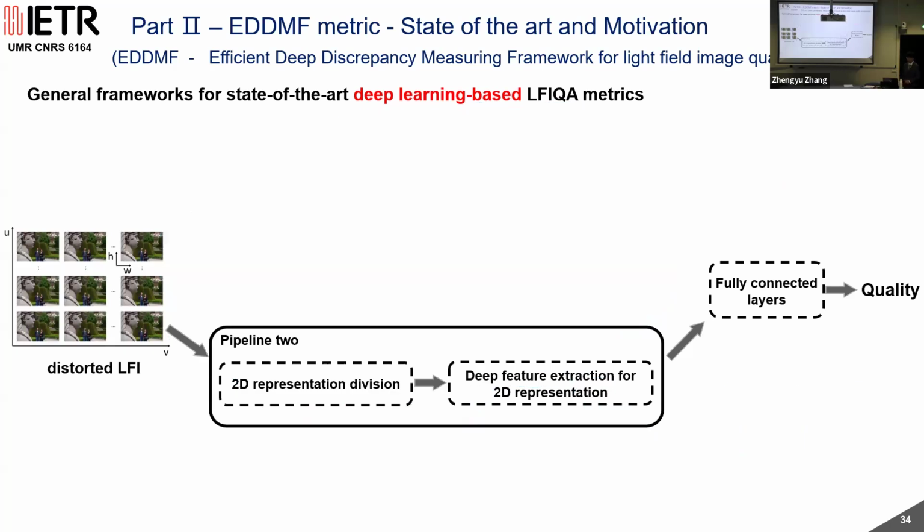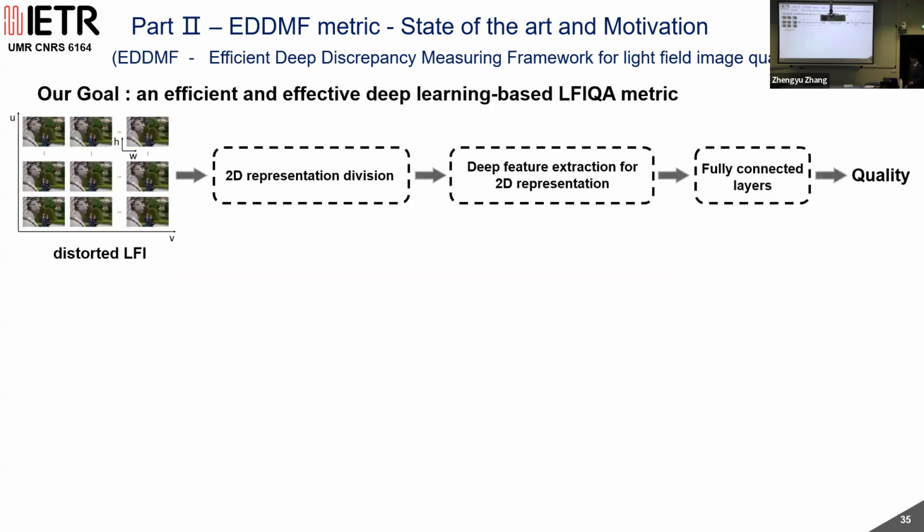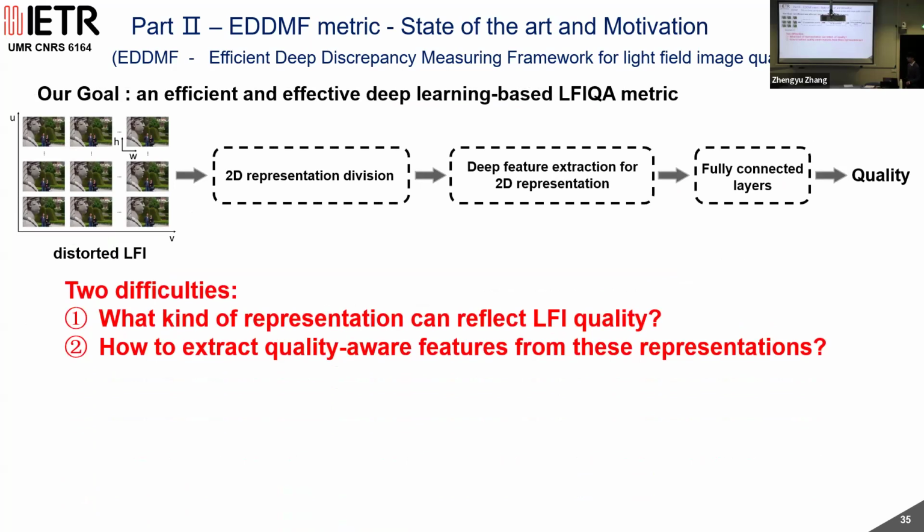Our proposed framework also follows the second pipeline, and based on this pipeline we have two difficulties to deal with. First, what kinds of representations can reflect the light field image quality? Second, how to extract the quality-aware features from these representations. Those are the two difficulties for us.